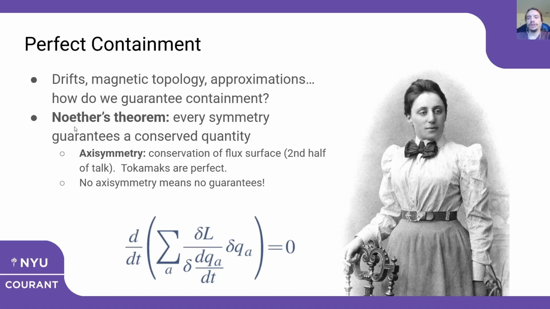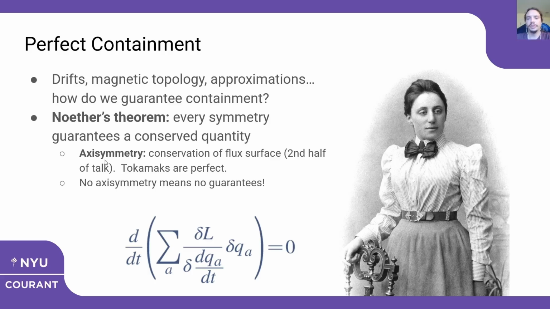This is where a really special tool comes in, called Noether's theorem. Noether's theorem says that every symmetry in a physical system is going to lead you to gain a conserved quantity for the physical system. Usually we don't think of symmetries and conserved quantities as being related, but Noether's theorem says that they're actually in one-to-one correspondence.